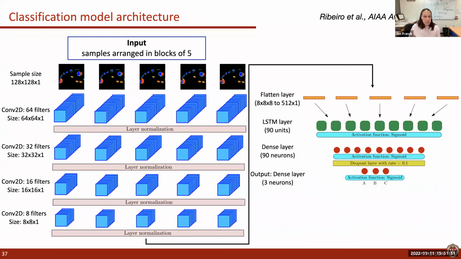So here's an example of the classification model architecture. Again, that input is the samples arranged in blocks of 5. And then after it goes through the various convolution layers and the LSTM layer, the output is classifying it into one of these 3 categories.